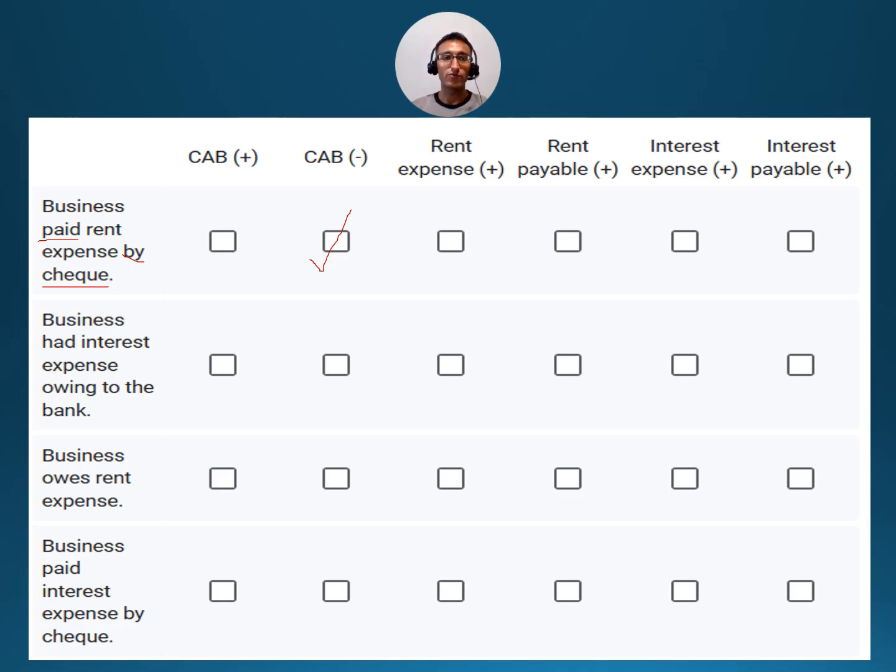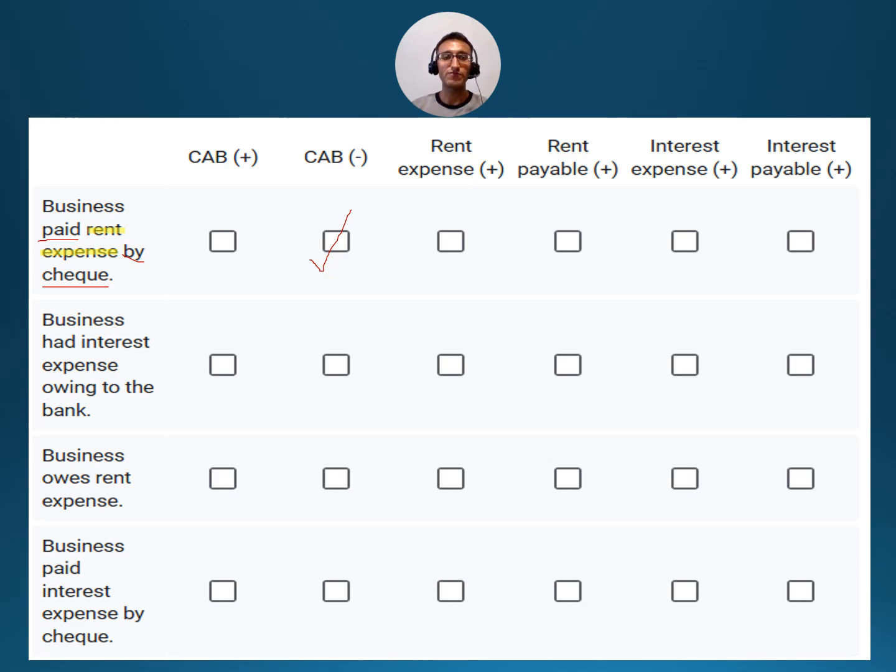Moving on to the next effect, which is going to be a bit tricky, so listen up very carefully. The business is paying for rent. Basically, what this means is the business has consumed some form of a service, meaning the business has used up some space belonging to another person, and now the business has to pay for this space that they have used. Since this space is termed as rent, it is a cost to the business.